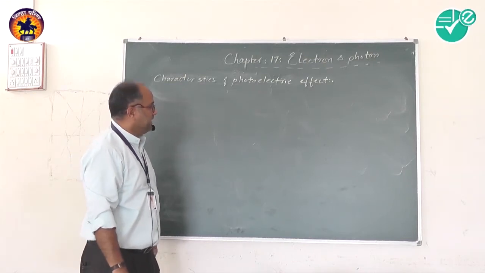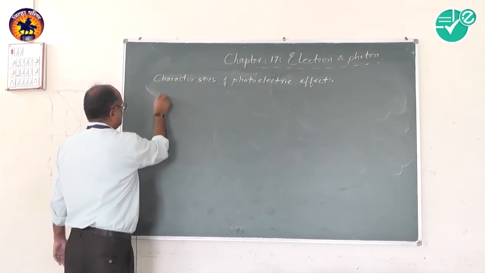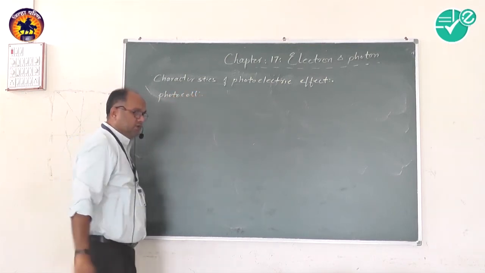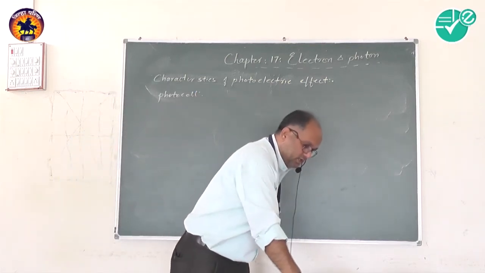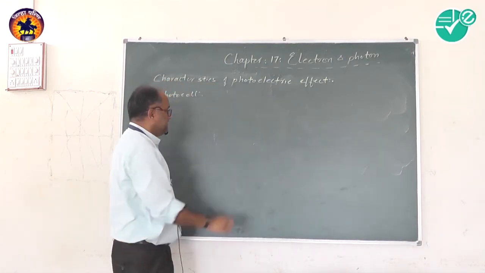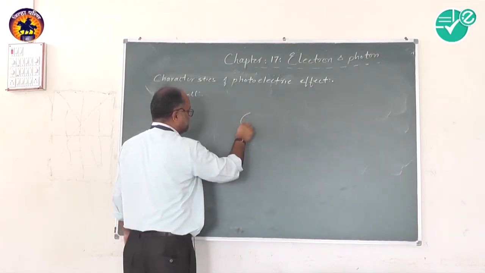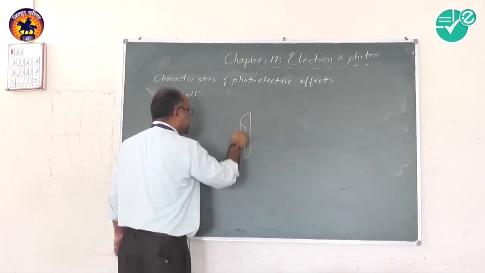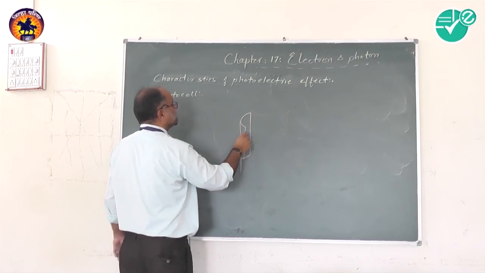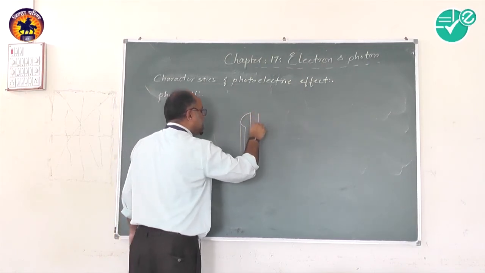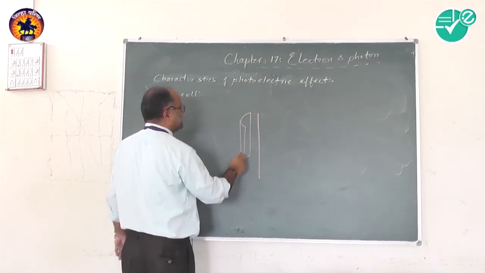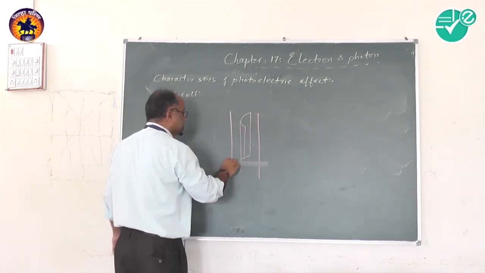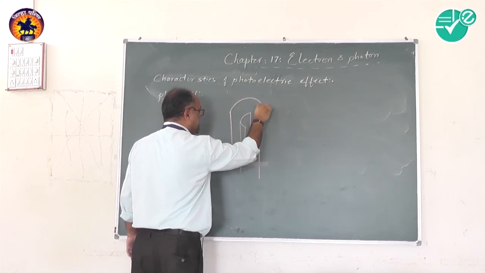What is a photocell? Photocell is an electrical device which consists of a semicircular cathode, and at the center of curvature of this semicircle we keep one anode, and this is a crystal glass.